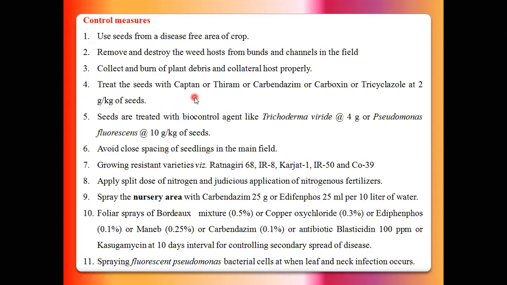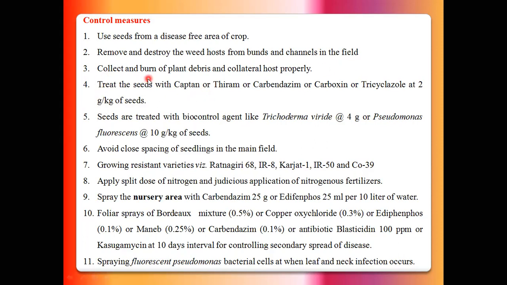Then how to control this disease seen in rice crops? First of all, use disease-free seeds for sowing purpose. Then remove and destroy the weed hosts, that is collateral hosts seen in the bunds or channels in the rice fields.